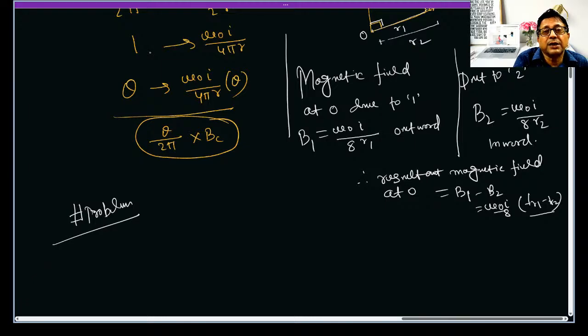This is a straight current carrying conductor AB. Its length is known, or its angular position with respect to P is known.